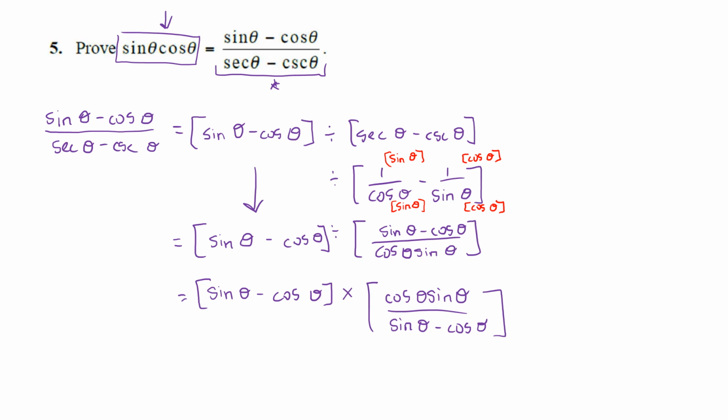The numerator in our first ratio is the same as the denominator in our second ratio, so those cancel, leaving us with cosine theta sine theta, which is equivalent to what we're trying to prove.